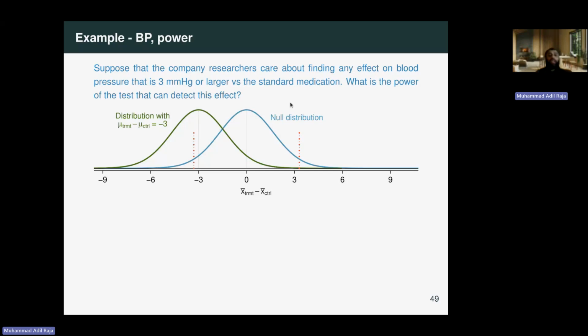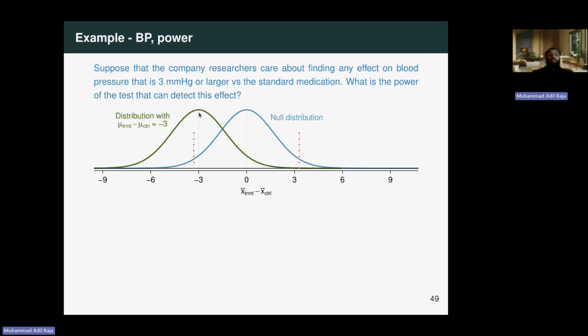It says that the effect is when the difference between the blood pressure for the control group and the treatment group is at least 3 mmHg. Either it is 3 mmHg or larger, versus the standard medication. Okay, so now we are trying to do this.